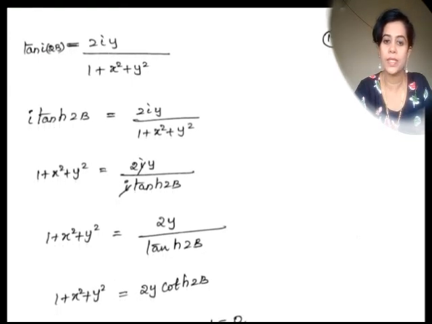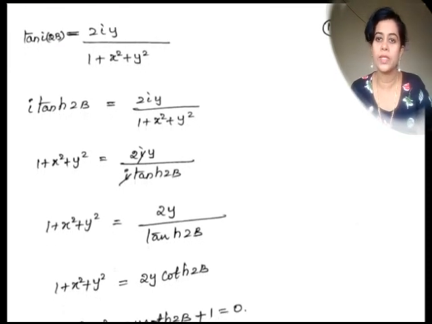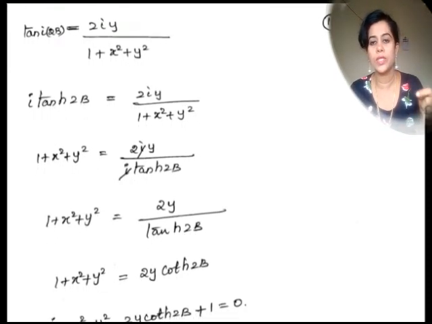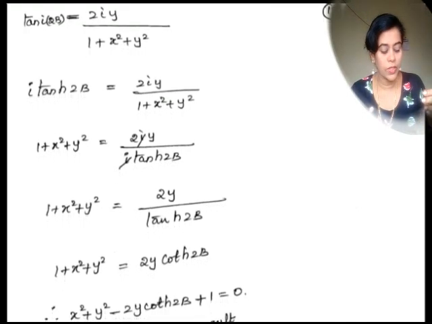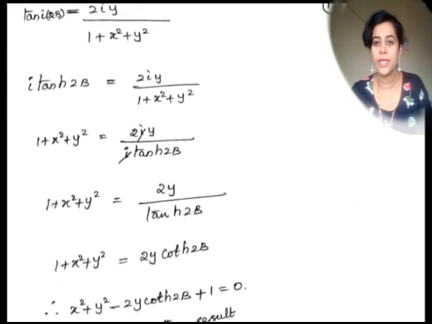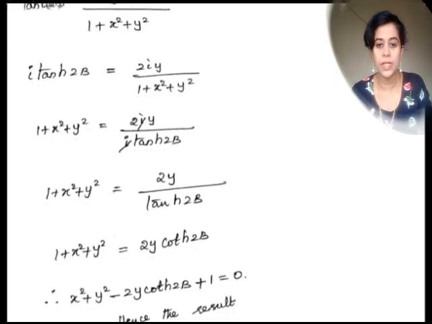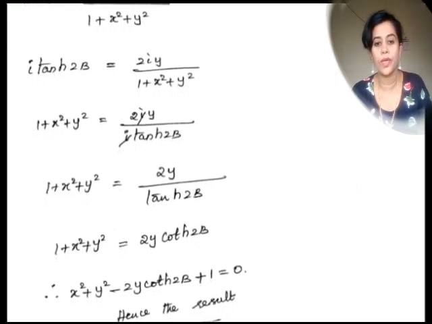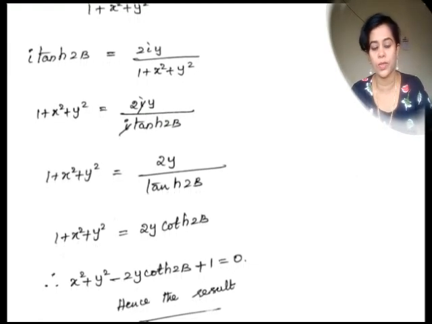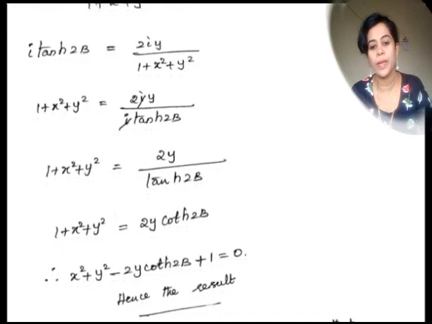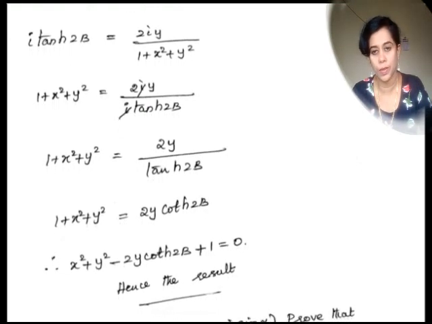So we can write tan i of 2b equal to 2iy divided by, with the same argument, x plus iy into x minus iy, which when multiplied gives 1 plus x squared plus y squared. So tan i 2b is equal to 2iy divided by 1 plus x squared plus y squared, which is nothing but i tanh 2b equal to 2iy divided by 1 plus x squared plus y squared.